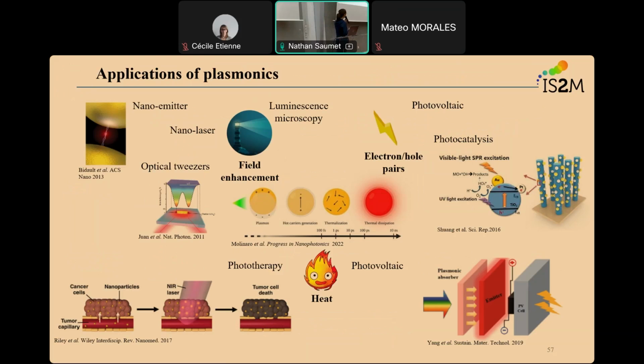If we take the example of photocatalysis, you want the chemical reactions to take place efficiently. You don't want to destroy things by heating. So it's important to know at the nanoscale where the nanoparticles will heat the most in order to prevent any degradation of any chemical species that you don't want.